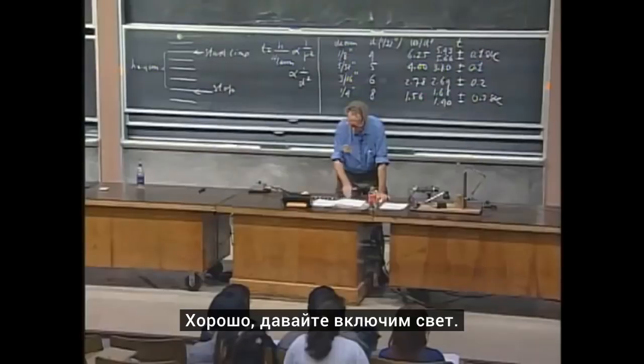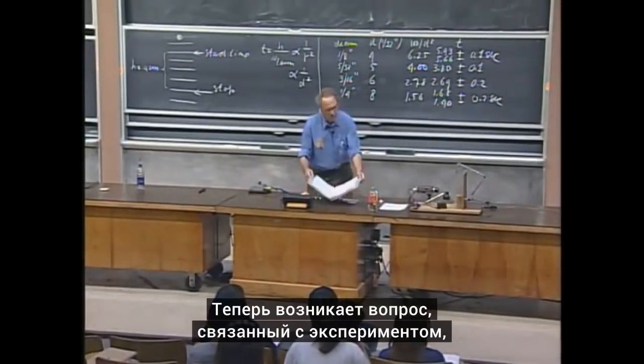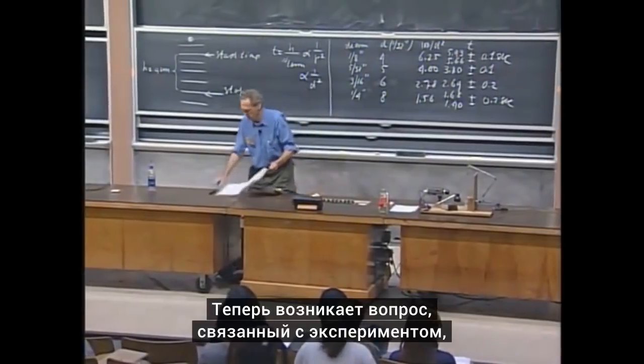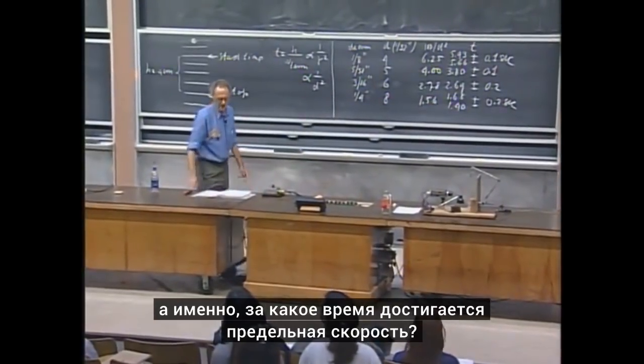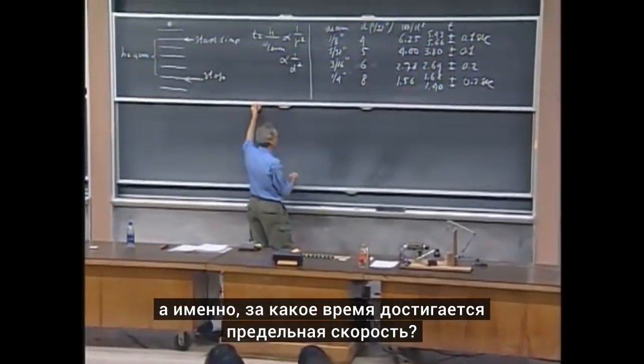Okay, we'll give you your lights back. Now comes a question which is relevant to this experiment, and that is, how long does it take for the terminal speed to be reached?